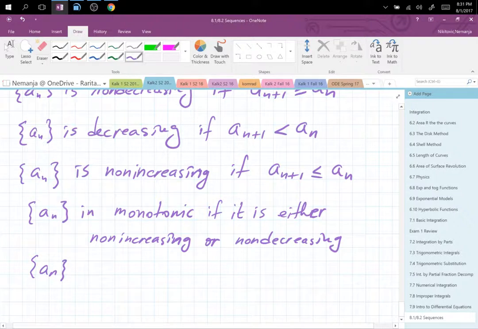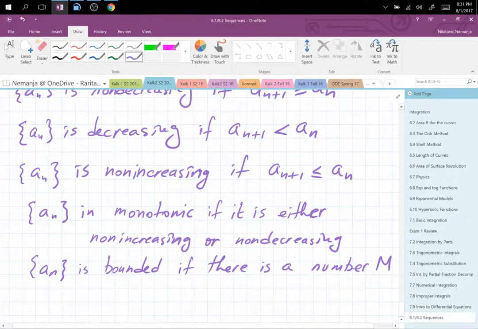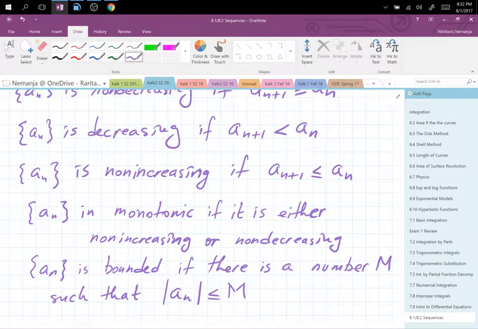And the last one, a_n is bounded if there is a number, call it capital M, such that the entire sequence a_n in absolute values, because you want to grab all the points, is less than M. Yeah, it's a bound.